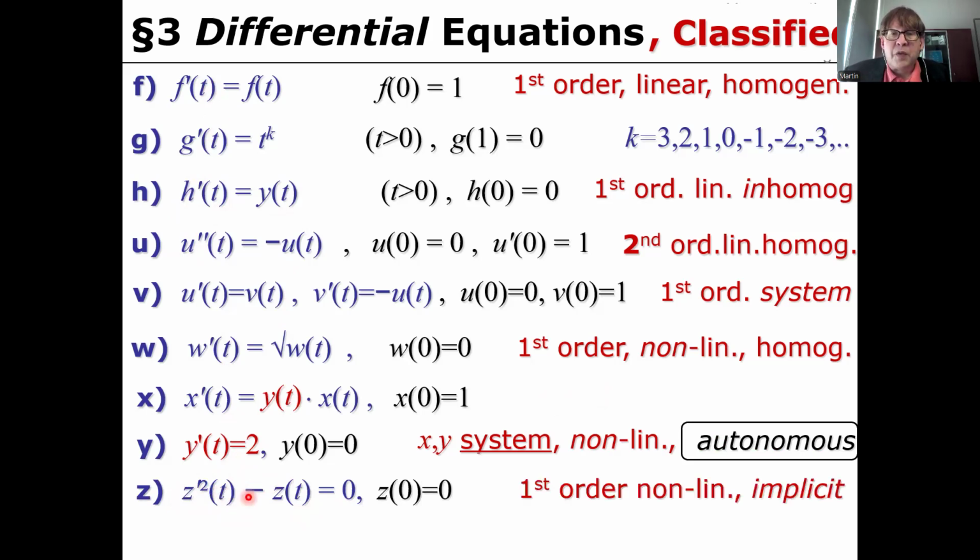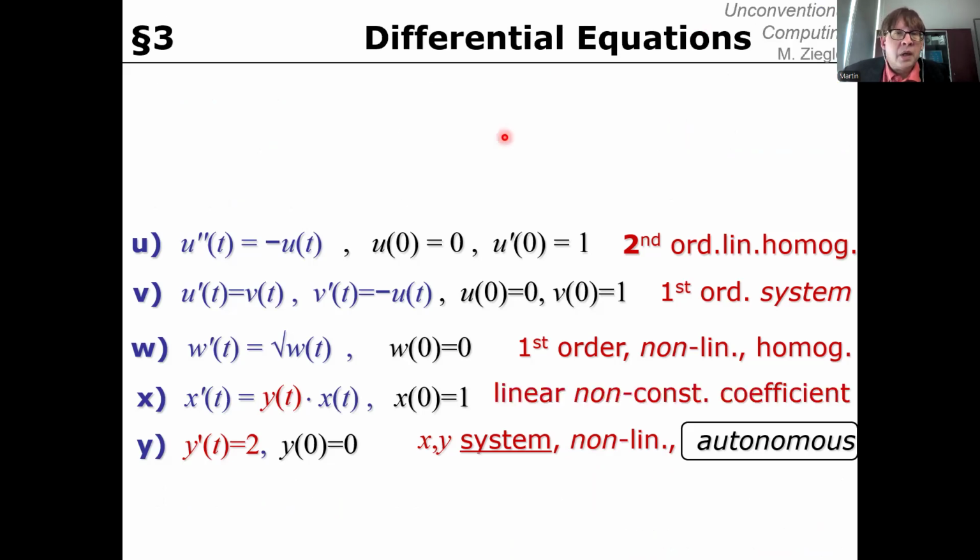So that's an example of an implicit one. Explicit differential equations all have the form derivative must be equal to something. So that's our recap of differential equations. And now I want to introduce a special type, a special class, a special form of differential equations.